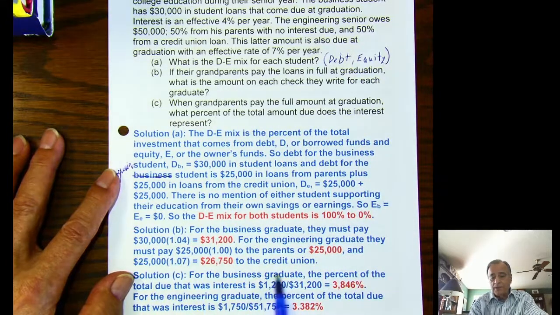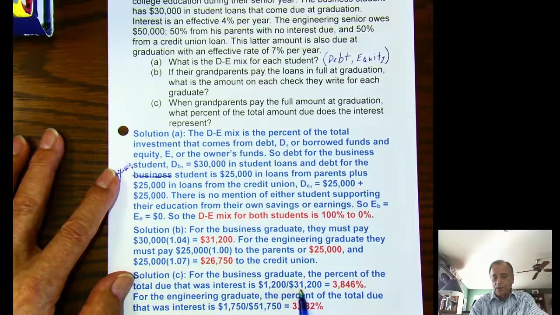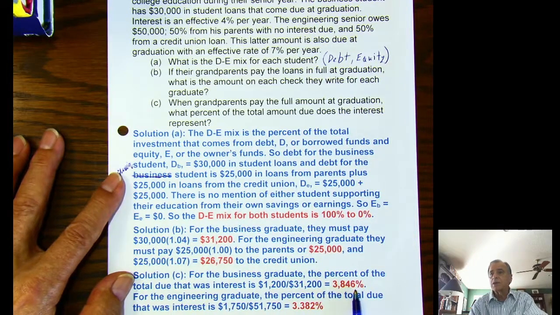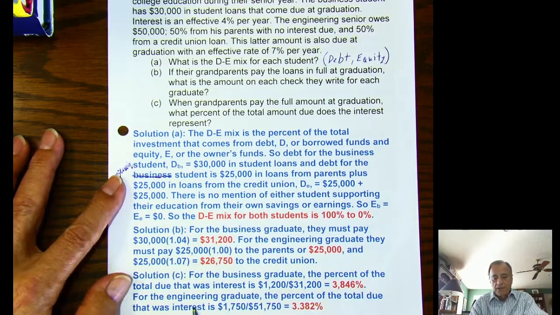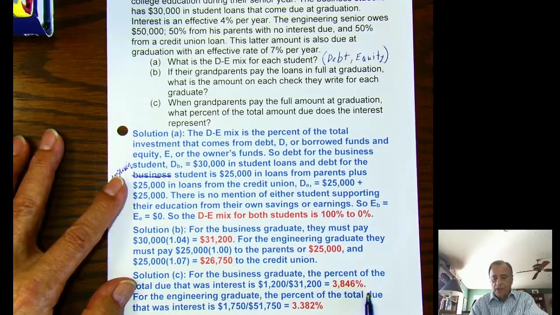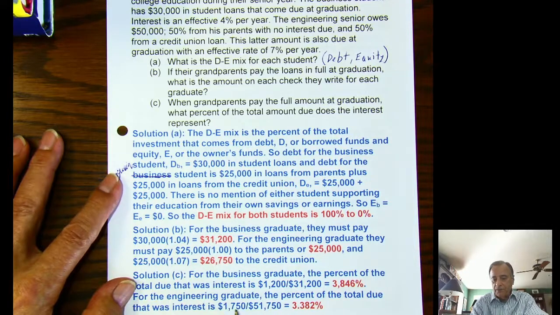So for the business student, they paid $1,200 worth of interest, and they wrote a check for $31,200, so that's 3.846%. For the engineering graduate, they wrote actually 2 checks, one for $25,000 and one for $26,750, which add up to $51,750, of which $1,750 was the interest. And so that turns out to be 3.38%.